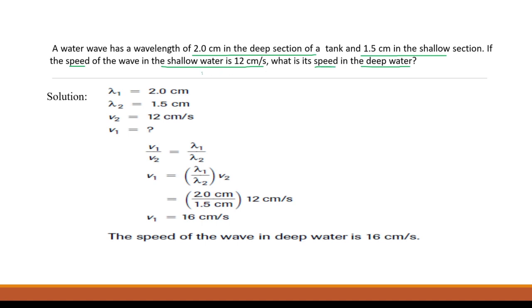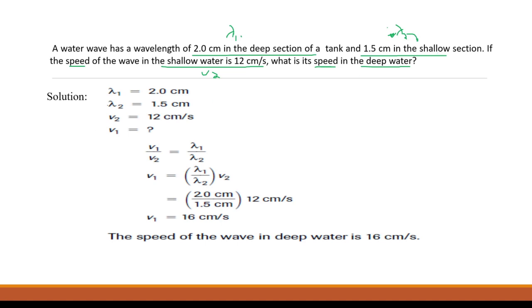So that means we have V2 here, lambda 1, and lambda 2, shallow.